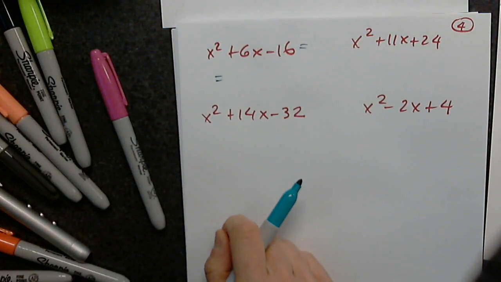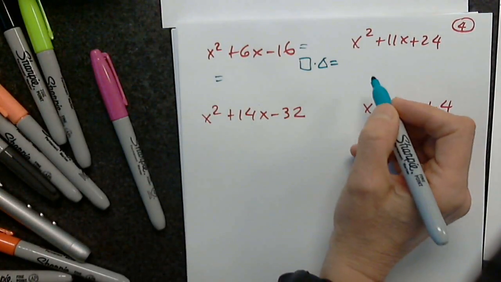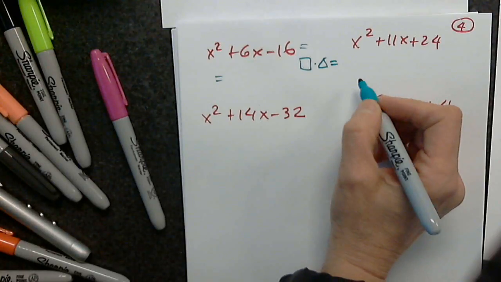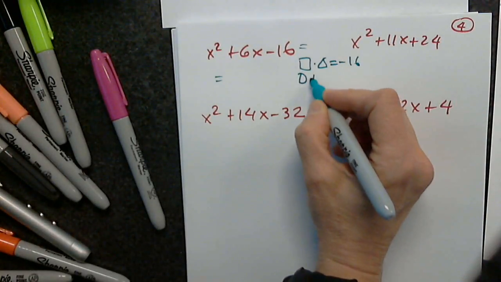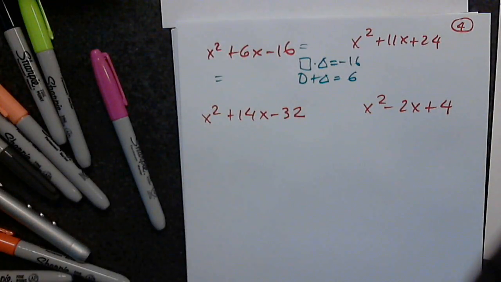The difficult part for me is looking for the numbers that fit both conditions. So two conditions have to be fulfilled here. The product has to be negative 16, and the sum must be positive 6. So we start by thinking of the product first.